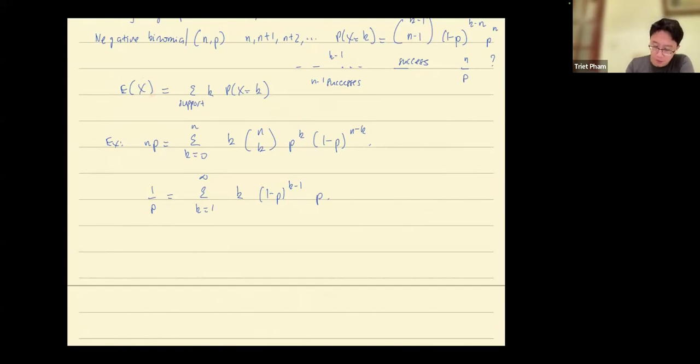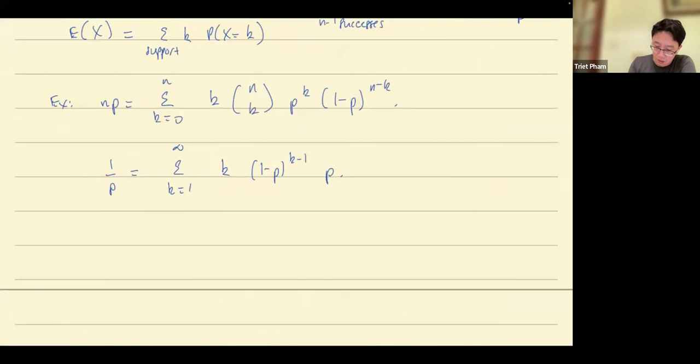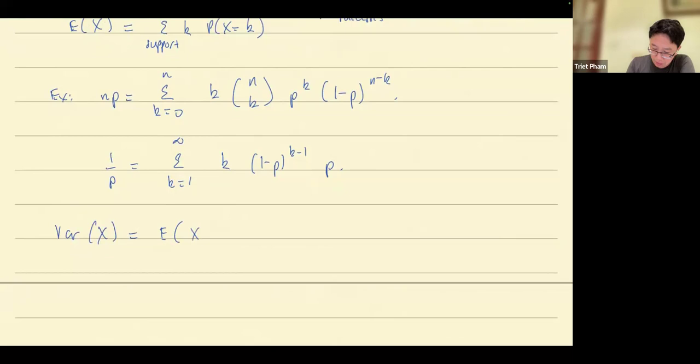What about variance? So the variance of a random variable, by definition, will be the expectation of x minus E of x, squared. So it's the mean square error of x away from its average.